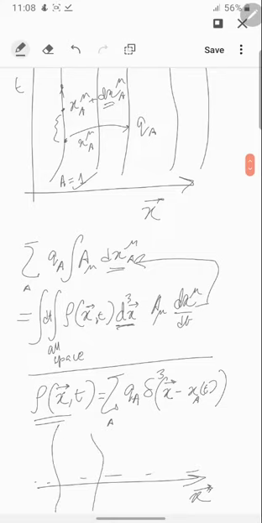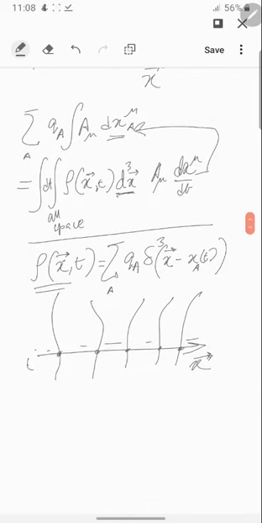So, notice that all the charged particles are moving through space time. At a given instant of time, all the charged particles are placed somewhere in the space. So, at a given instant of time, if we integrate over all the space coordinates, then only those points where a charged particle qa is present will be picked up by this Dirac delta integral and it will be multiplied by the qa.